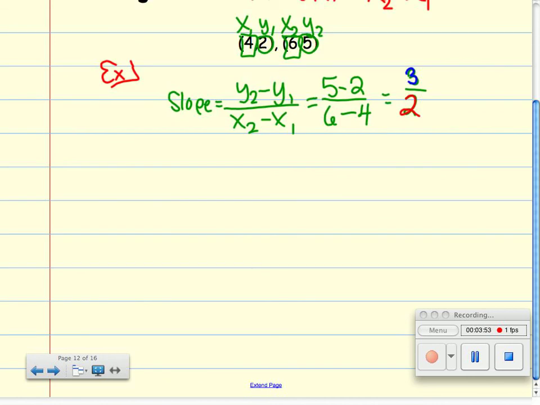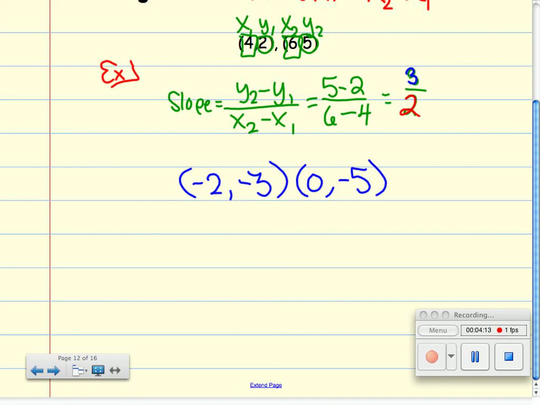I want to extend this. Let's say we have the points -2, -3, and 0, -5. And I wanted to say, what is the slope between these 2 points? What would the slope of the line be that has these 2 points?